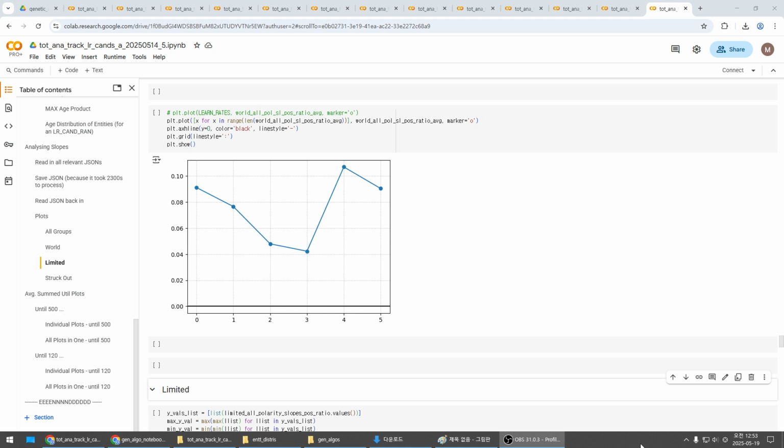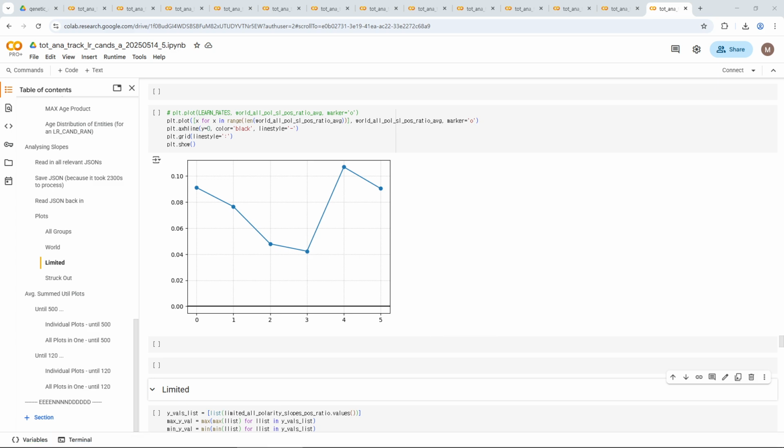In this session, I'm going to keep it very brief and short because I am only going to go over the slope plots, the positive slope ratio plots, and then that will be the end of part 2, which is this session.